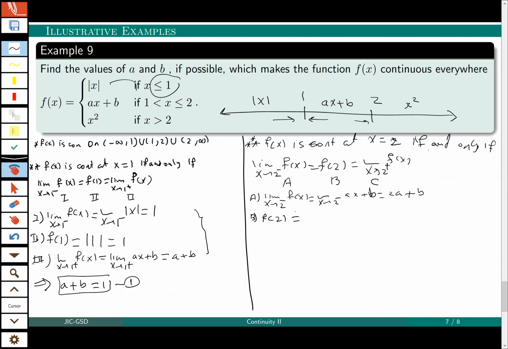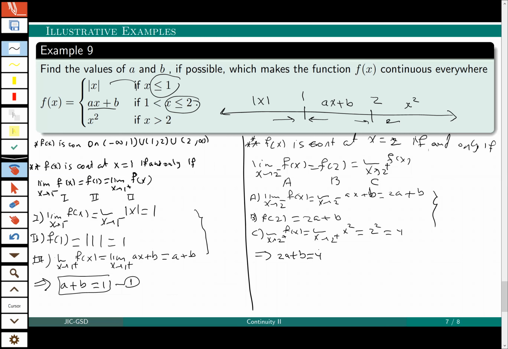When x equals 2, we replace it here, so it will be 2a plus b again. C, we need the limit when x goes to 2 from the right. From the right we have x squared, so it will be 2 squared, which is 4. So these three conditions give me 2a plus b must be equal to 4.